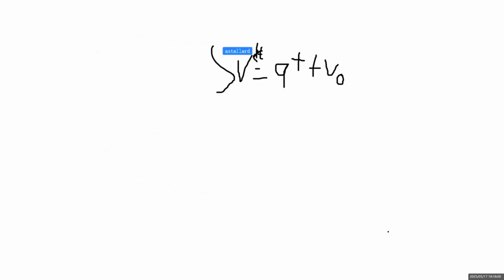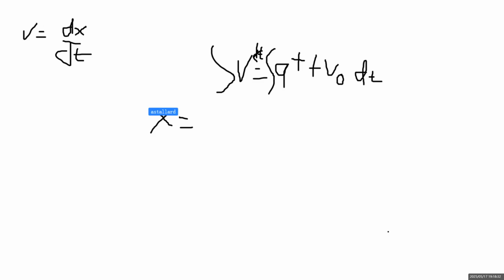dt here, dt. If v is dx over dt, the integration of v with respect to t is x. Again, by the power rule for antiderivatives, we're going backwards.